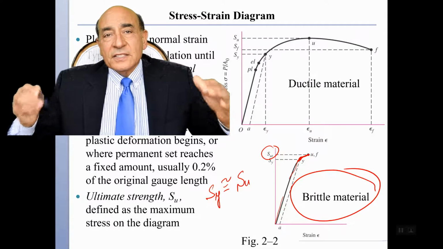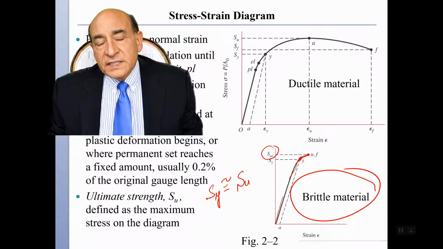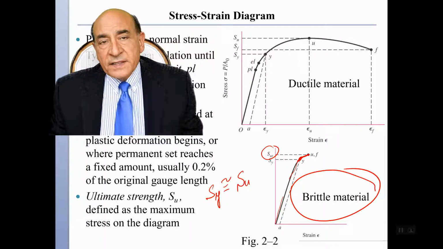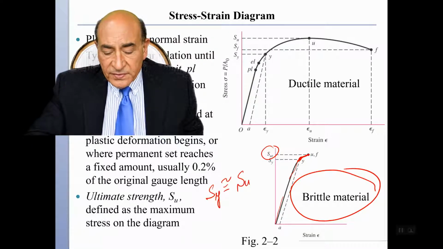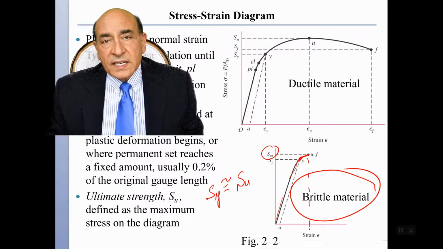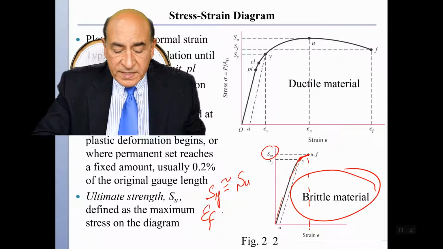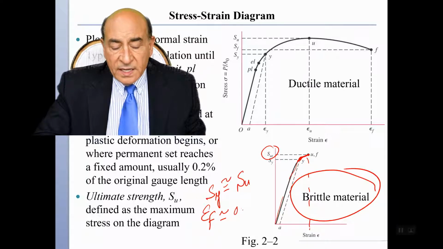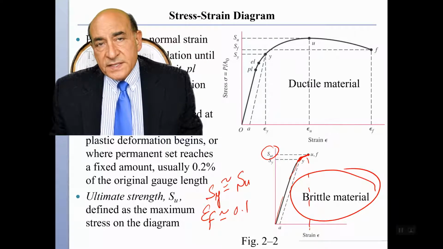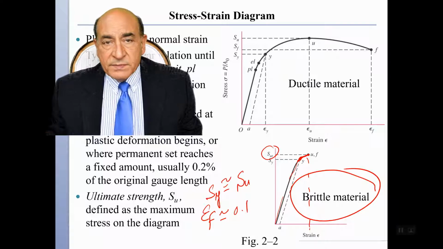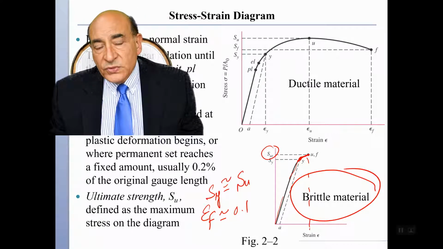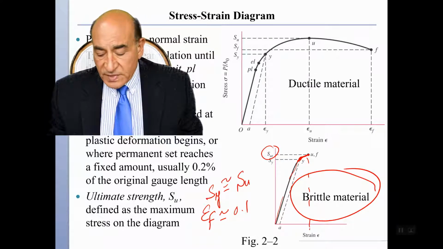In other words, S ultimate is just a little bit greater than the yield strength, and the failure strain is fairly small. So epsilon failure for a brittle material may be something like 10% or less, and that is much smaller than what we need for designing with the ductile material.